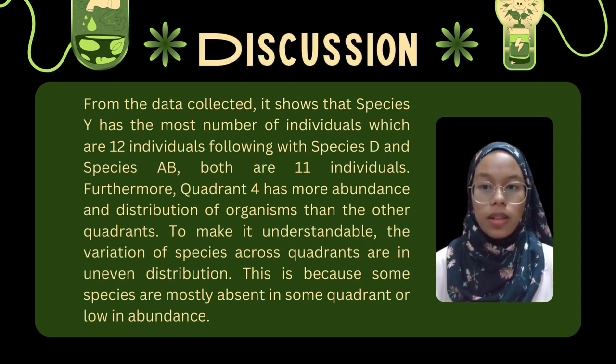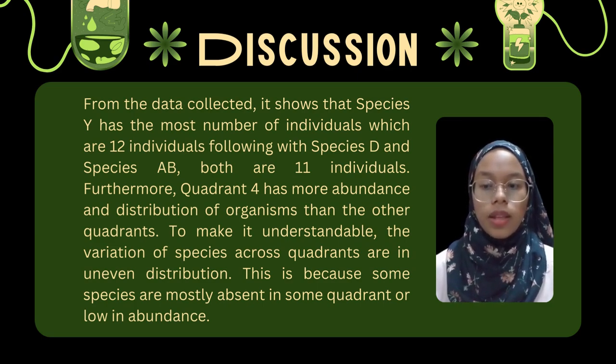From the data collected, it shows that species Y has the most number of individuals, which are 12 individuals, following with species D and species AB, both are 11 individuals. Furthermore, quadrat 4 has more abundance and distribution of organisms than the other quadrats.